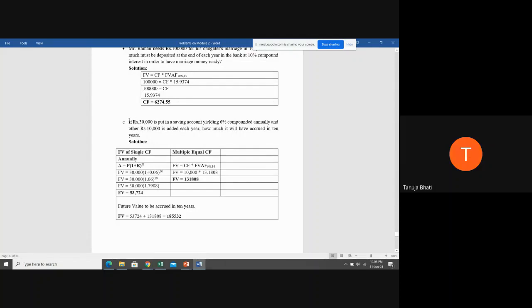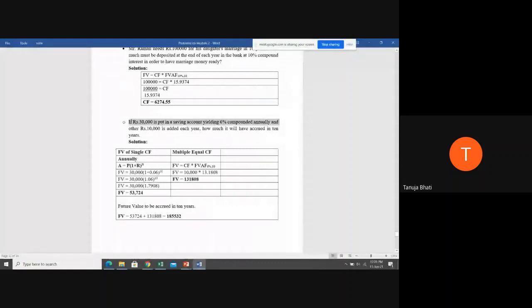Next: if rupees 30,000 is put in a savings account yielding 6% compounded annually, and another rupees 10,000 is added each year, how much will it have accrued in 10 years? Students, first let us understand.